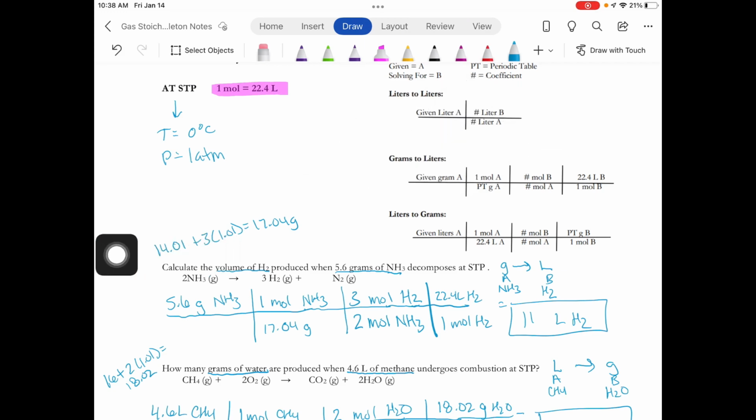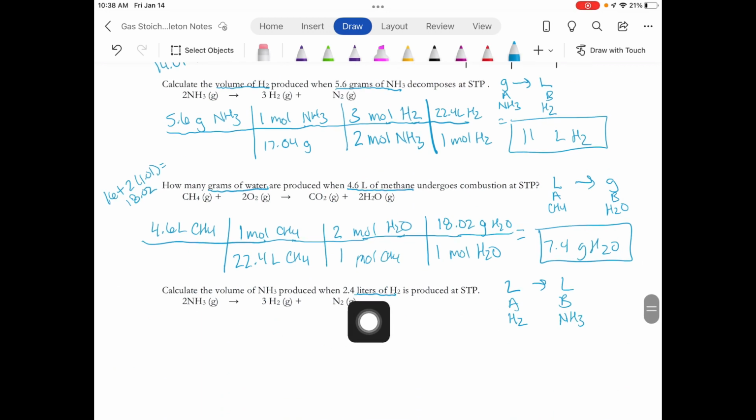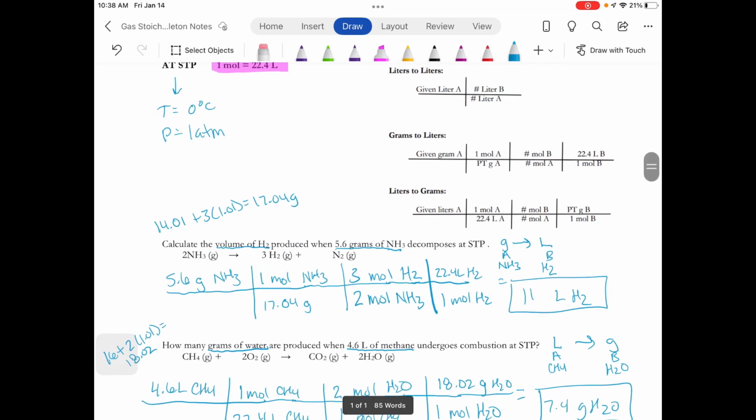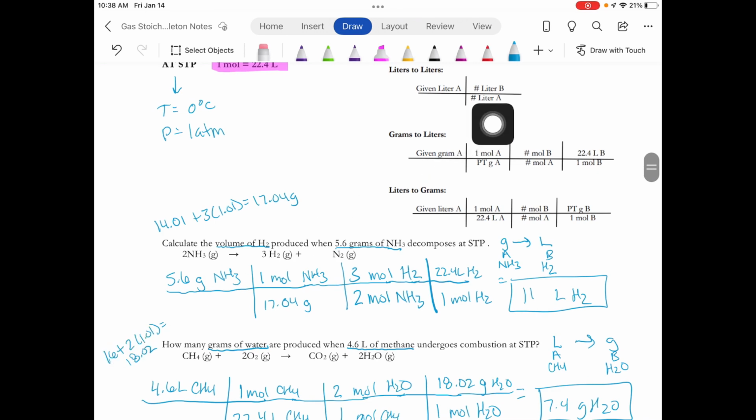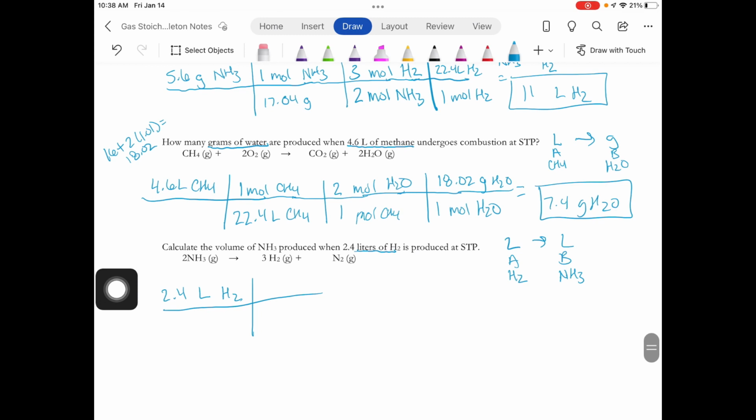So we're going to start with our given liters of A. So I was given 2.4 liters of H2, which is our A. On the bottom, we're going to use liters of A, and we're going to get that number from the balanced equation. So we have liters of hydrogen, and in the balanced equation, we have 3 of them.